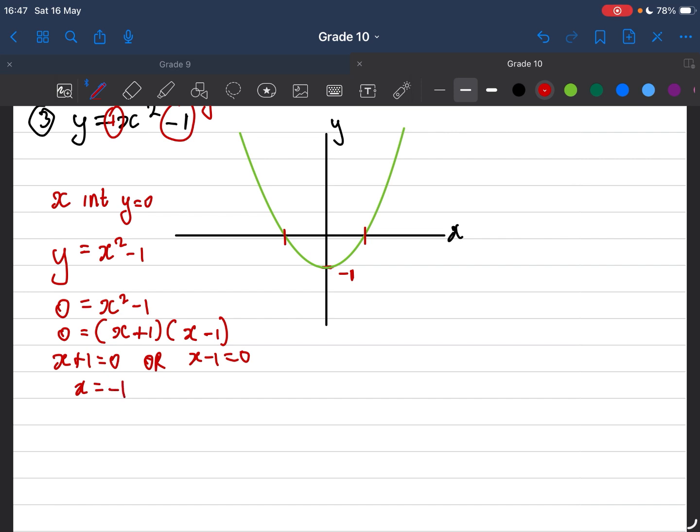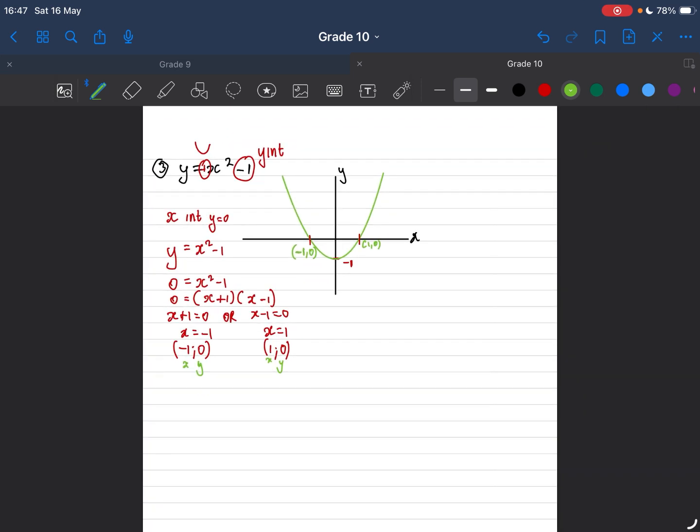So x is equal to negative 1, or x is equal to 1. So my two coordinates are going to be (negative 1; 0) and (1; 0). Why am I saying 0? Because these coordinates were obtained by using y equal to 0, and the x's are the two answers I solved for. Now that I've indicated all important points, I am done.